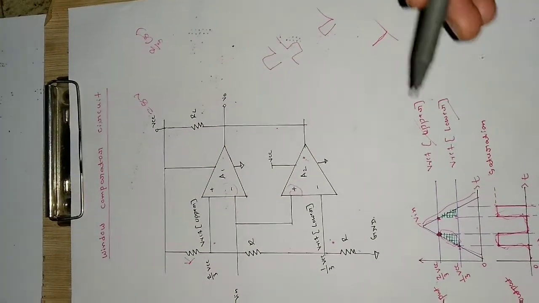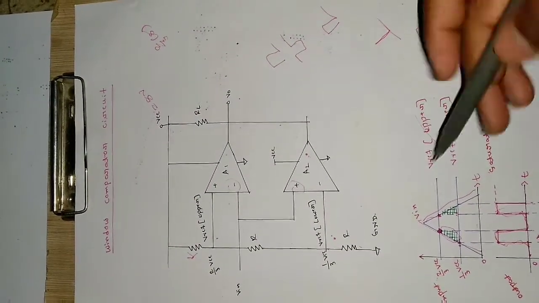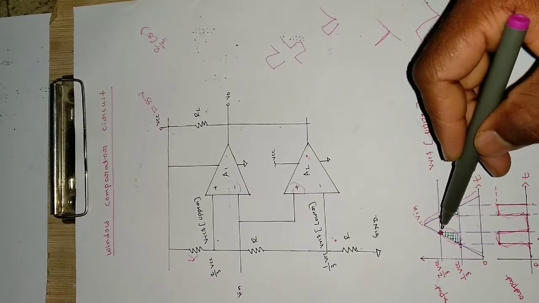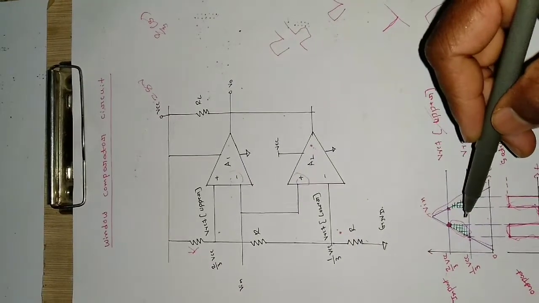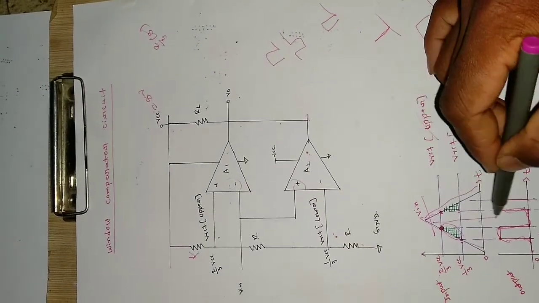Like this, if I want to make this window wider, what I can do is just change the upper cutoff or lower cutoff. If this is the case, then I could have taken it like this.